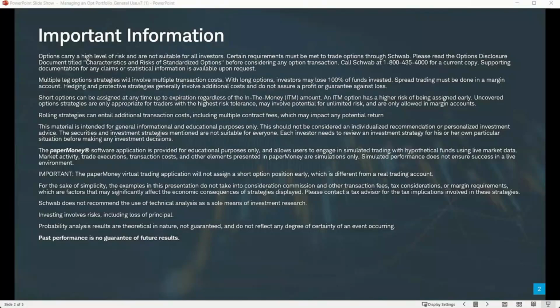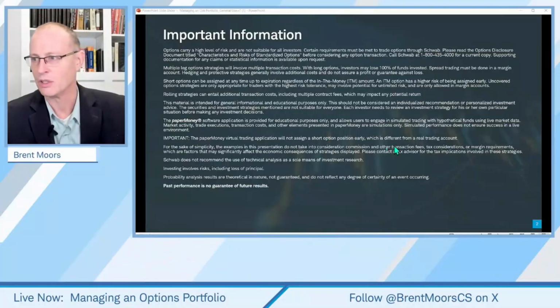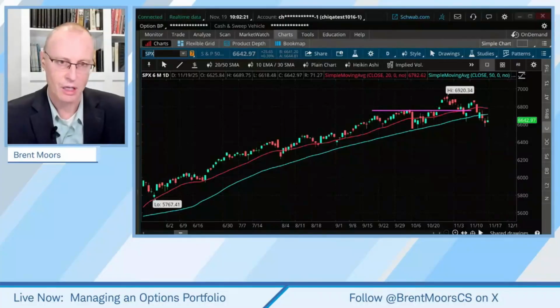A paper money virtual trading application will not assign a short option early, which is different from a real trading account. All investing involves risk, including loss of principal. Past performance is no guarantee of future results. I'm not going to factor in commissions or fees in any trades we place today, but just realize that is a consideration. All right, everybody, let's head on over to the thinkorswim platform and get started here.